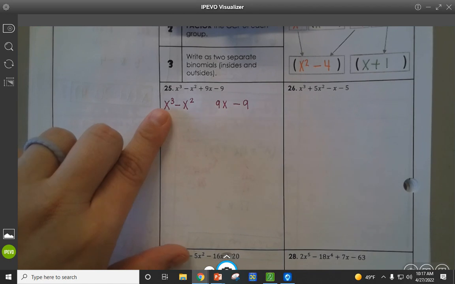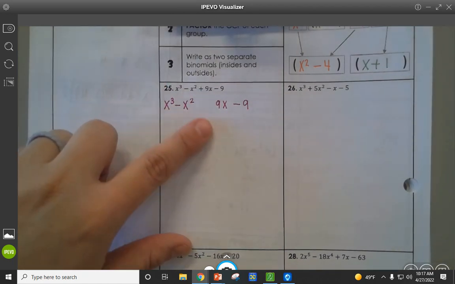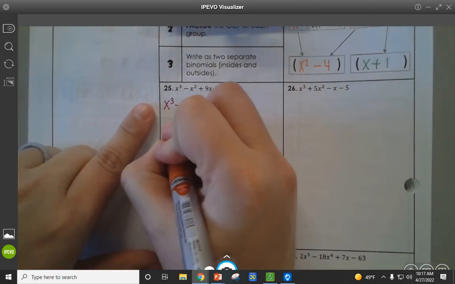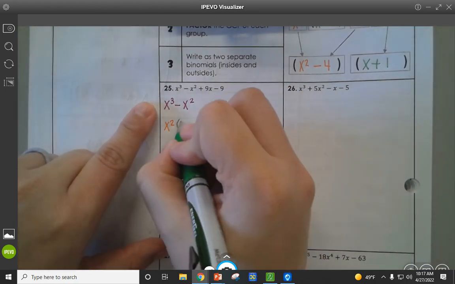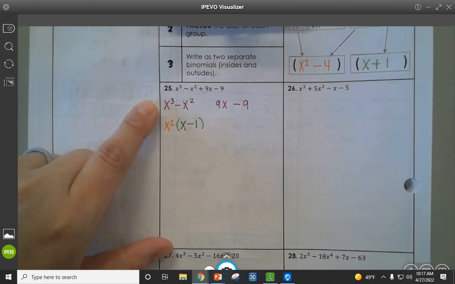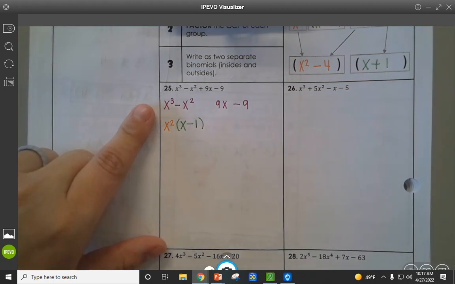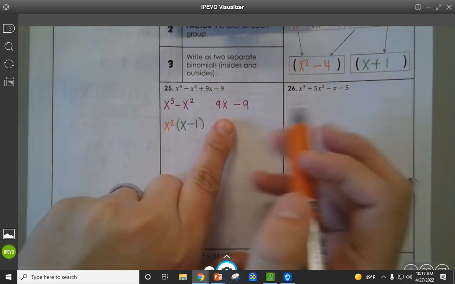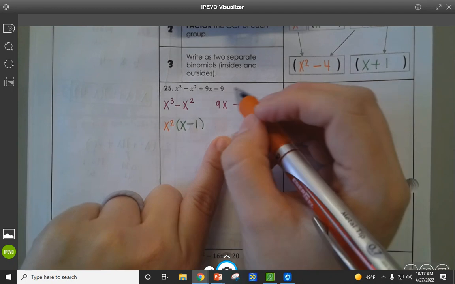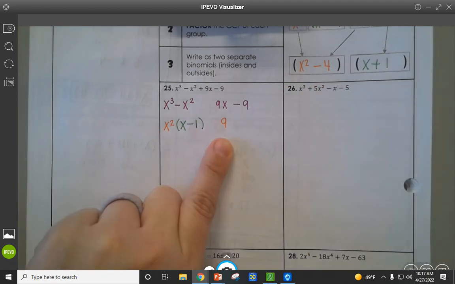What is the GCF of this side? x squared, leaving what? x minus 1. Good. What is the GCF of this side? 9, leaving what?